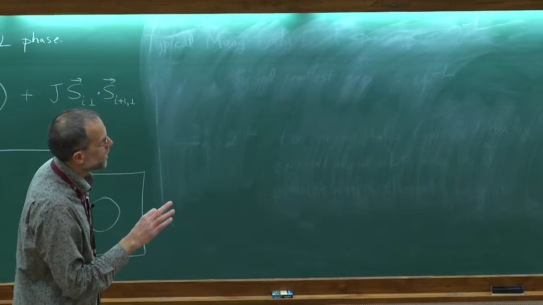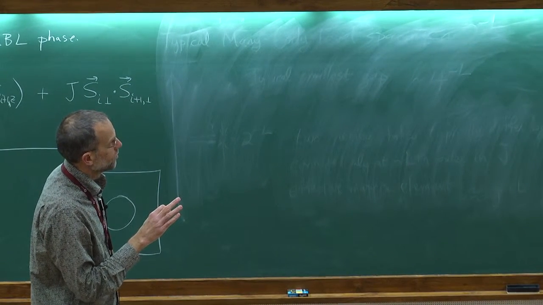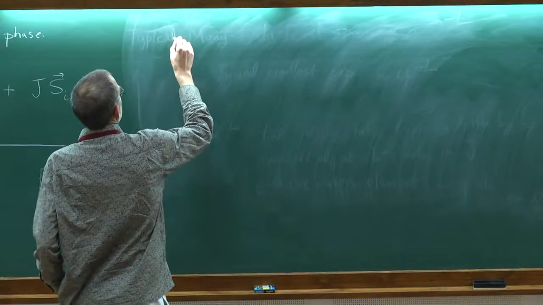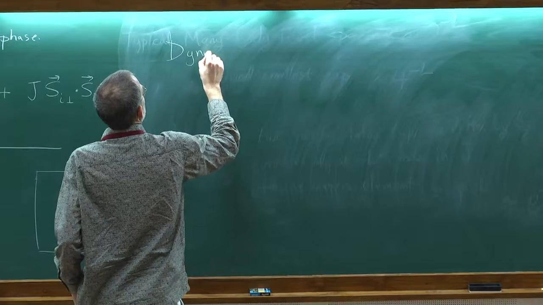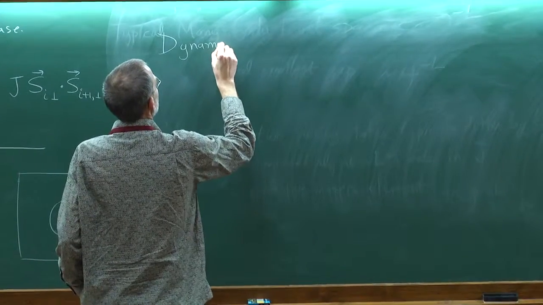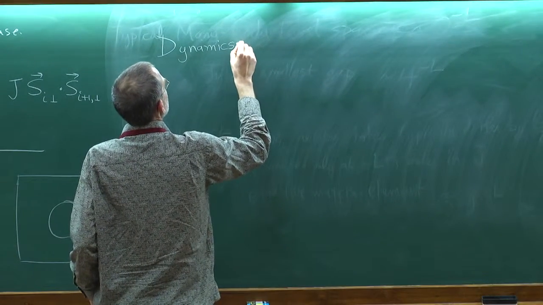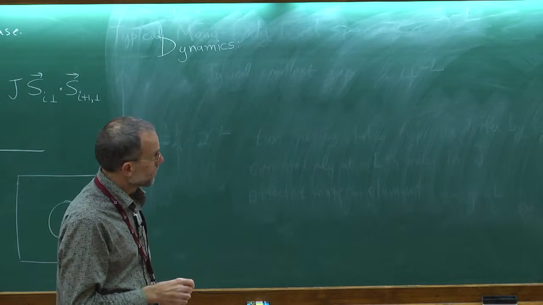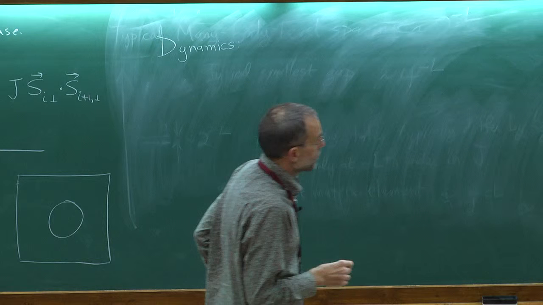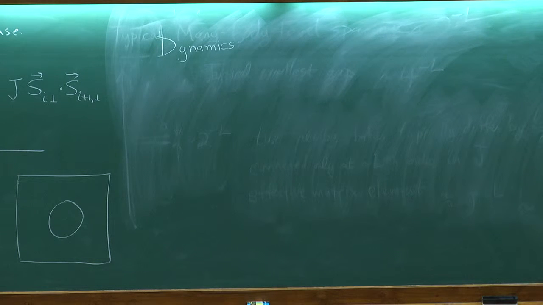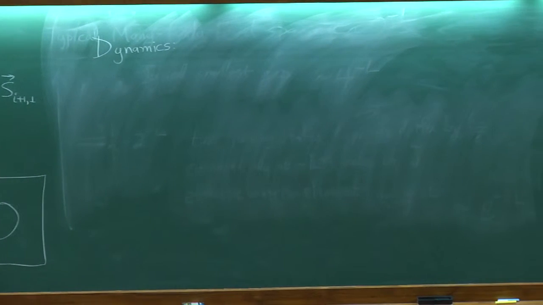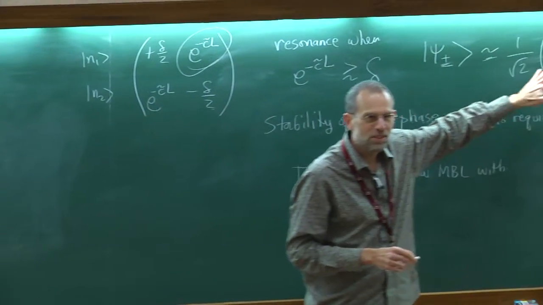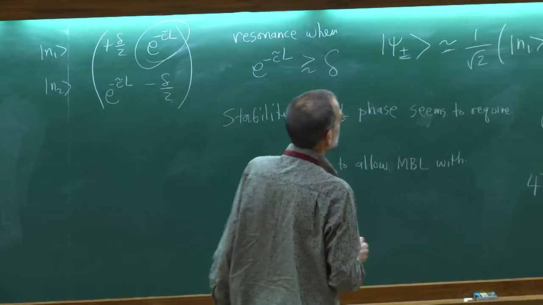But okay, so let's go to dynamics. When you have a resonance, you have two closely spaced eigenstates, which differ by these spin flips, right?